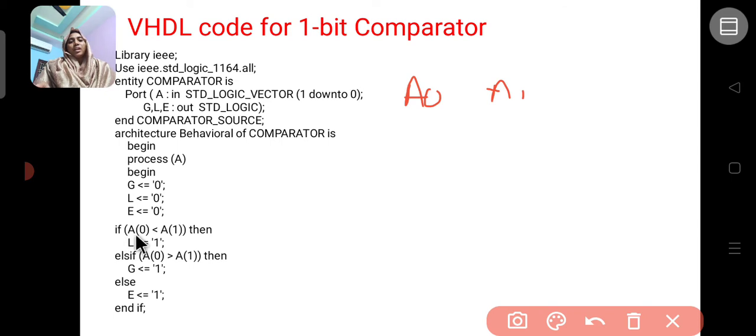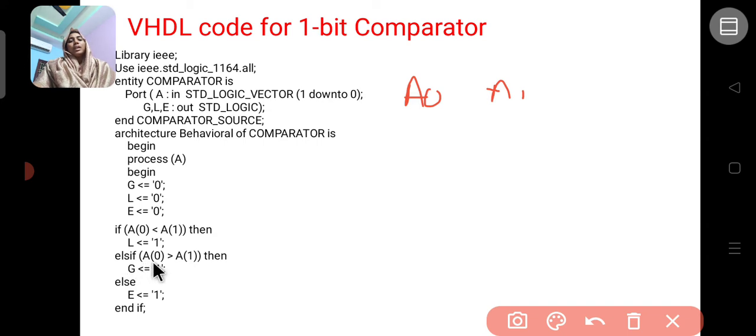Next, if A0 is less than A1, what happens? Here A is less than B, so less than equivalent is 1. Else, if this condition is not satisfied, then we go for the second condition.